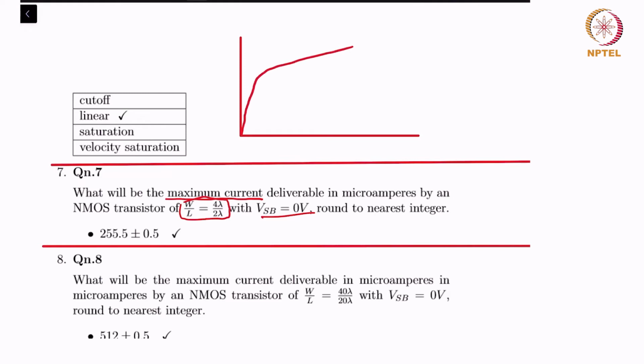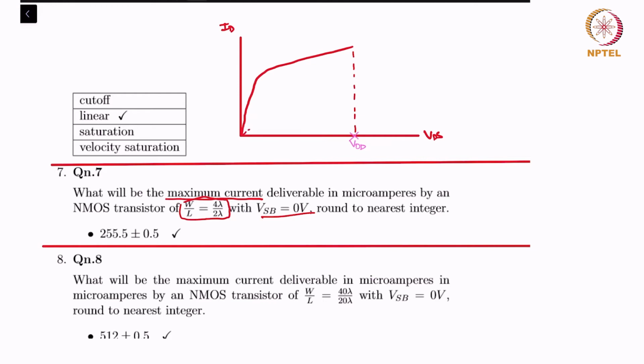It's a monotone increasing function. So the maximum value of the y-axis will be obtained at the furthermost point to the right on the x-axis. Monotone increasing, that's why. So it's only going to be at VDS equal to VDD where you get the maximum value of ID.